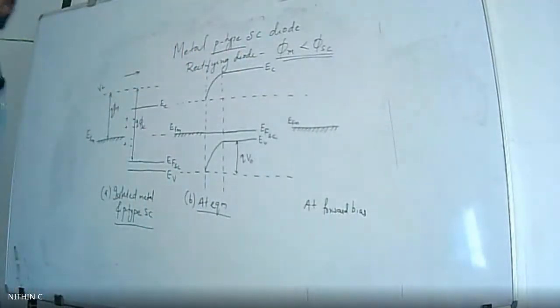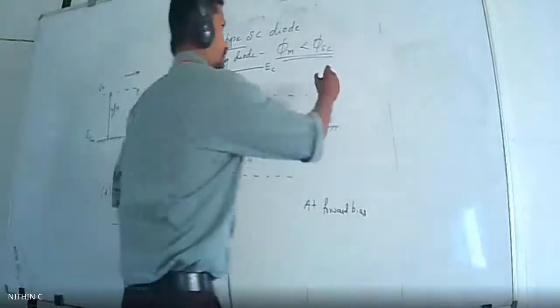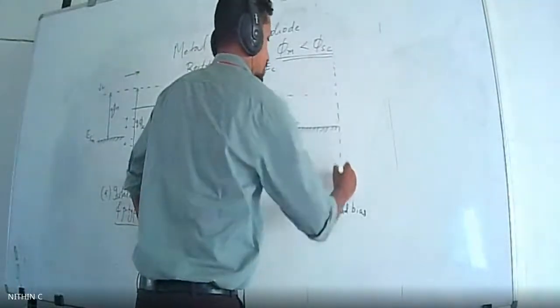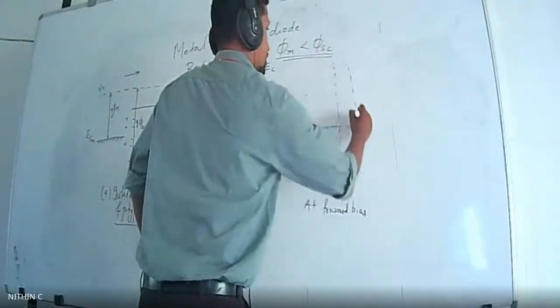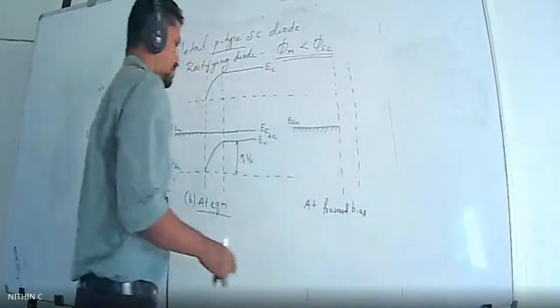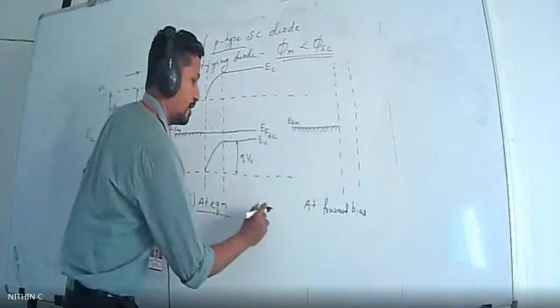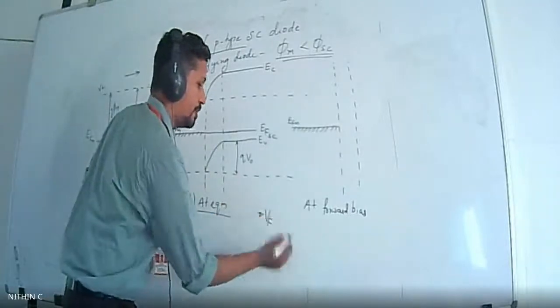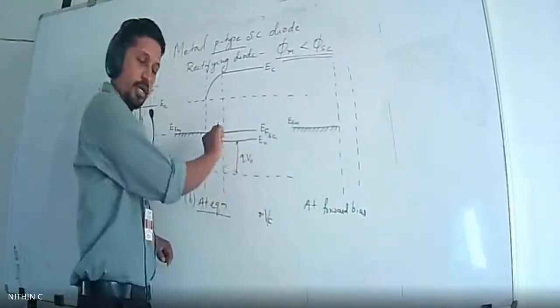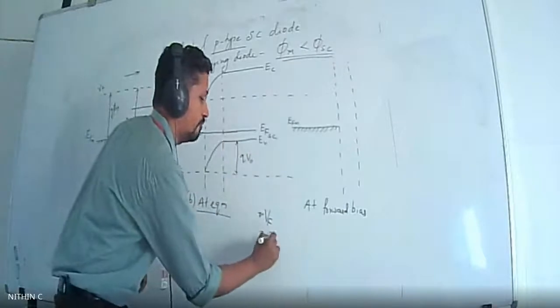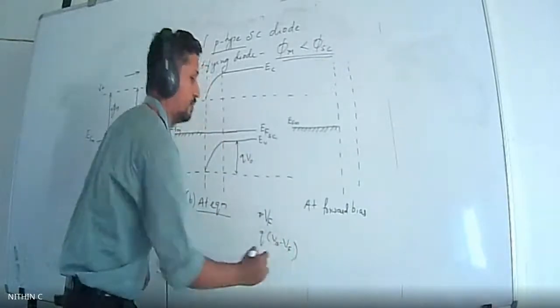And then what happens to the depletion layer? It will reduce. That is, this QV0 value will reduce. How will it reduce? If we are applying Vf as the forward bias potential, this QV0 will reduce as Q into V0 minus Vf.